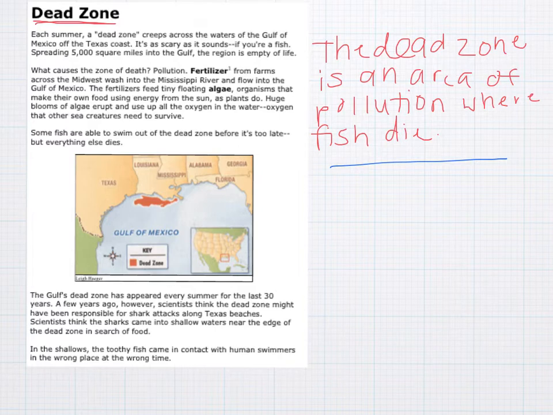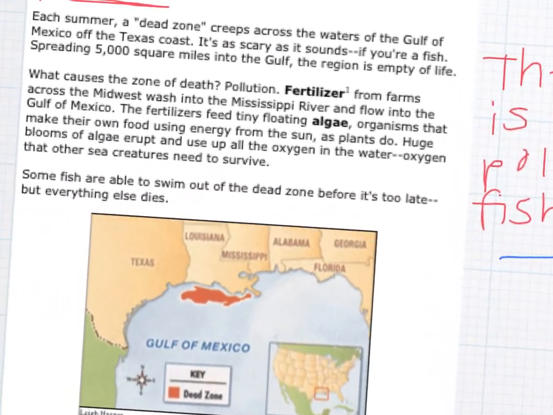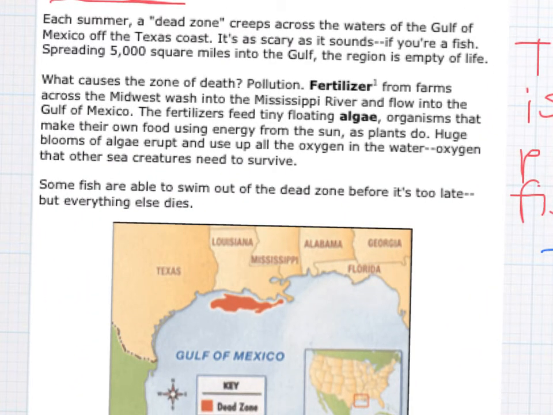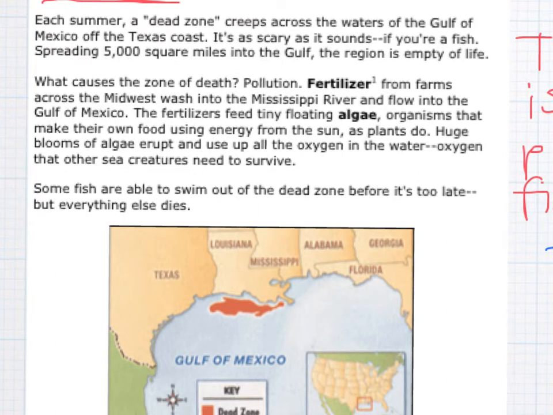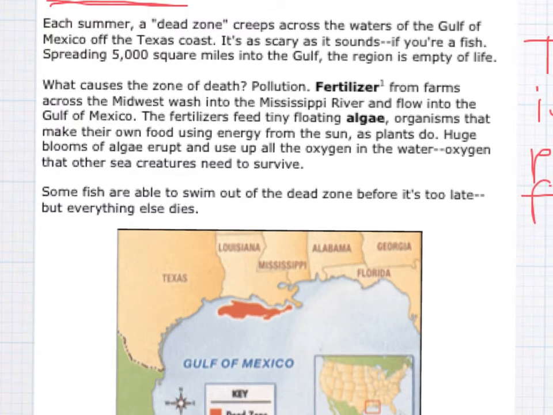In the next paragraph, it talks about what causes the dead zone. This is where it talks about pollution. So I think a key detail for this would be pollution. So pollution, and then it tells us what kind of pollution is causing this.